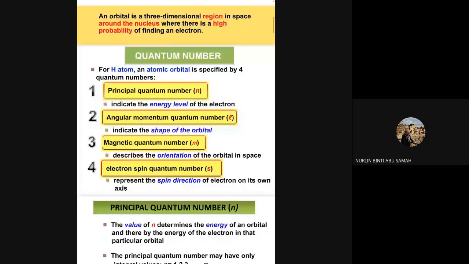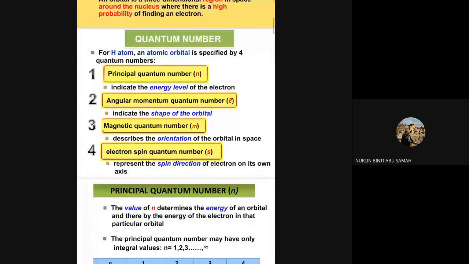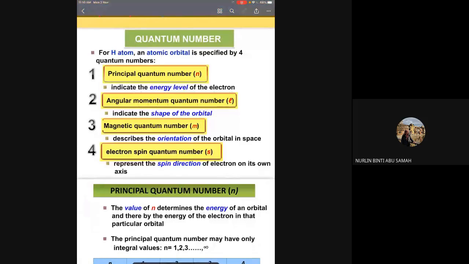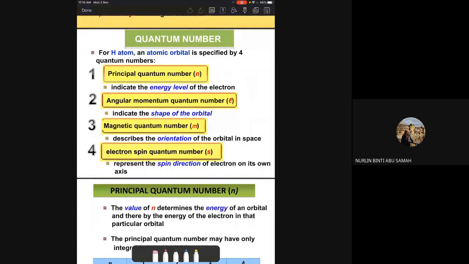Saya nak nasihatkan you all untuk from this starting chapter, you should always refer to periodic table. Okay, so in this case, principal quantum number, kalau awak tengok dekat periodic table kan, dekat periodic table kita ada unsur yang macam ni lebih kurang kan.